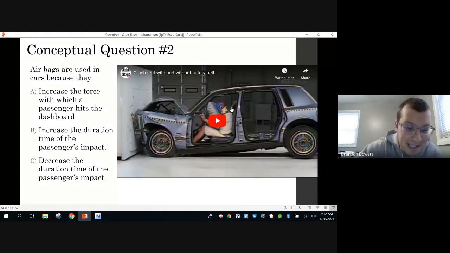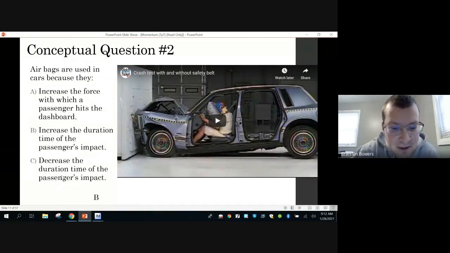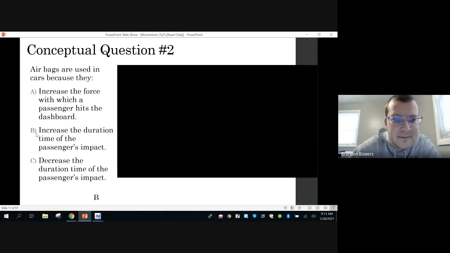Well, if we decreased the time, that would actually increase the force, so we don't want that. Hopefully you said B, because F times T: if T is increased, the force is decreased. That's why we use airbags. It decreases the amount of force, which is fascinating stuff.